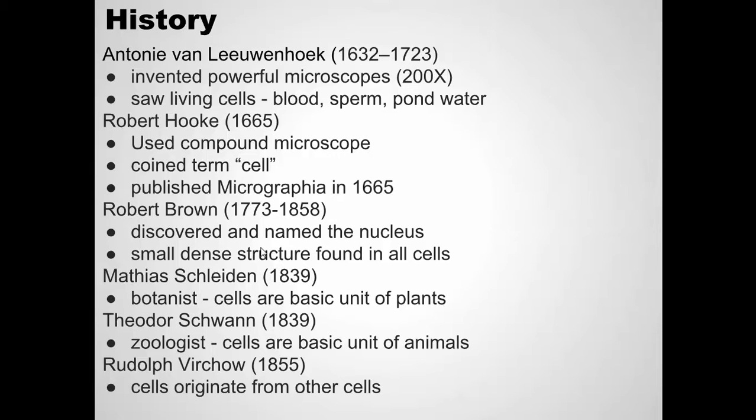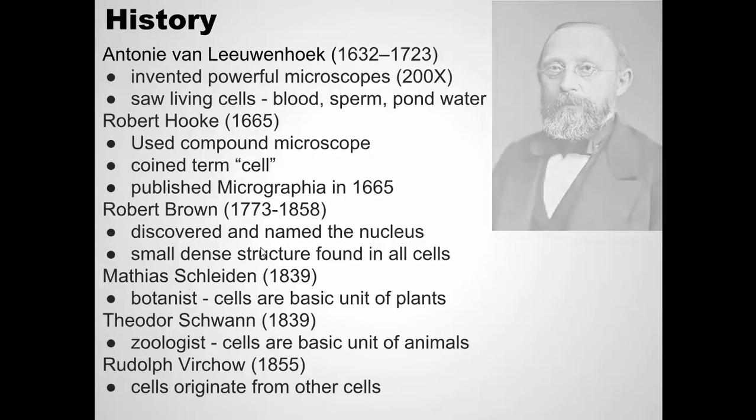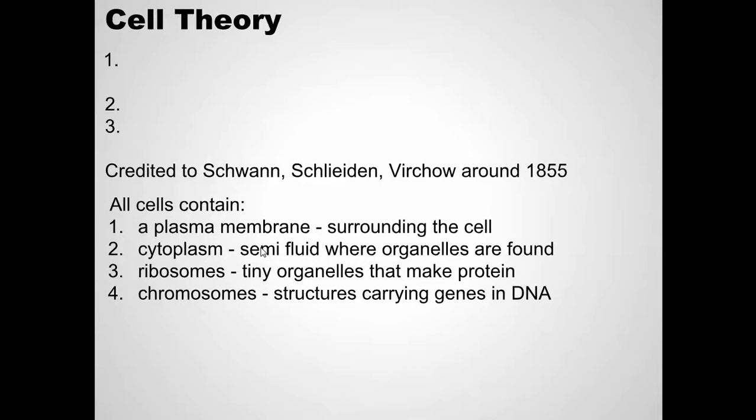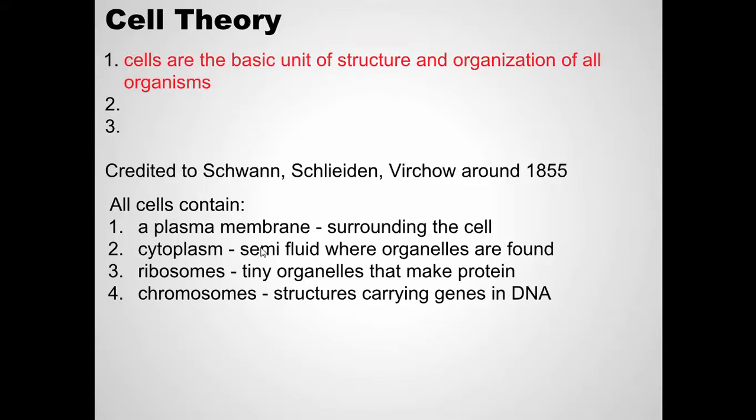All right, so the cell theory has 3 parts to it. And like any scientific theory, it's well established, confirmed by experiment after experiment, and accepted by scientists. And so it says, first of all, that cells are the basic unit of structure and organization of all living organisms.